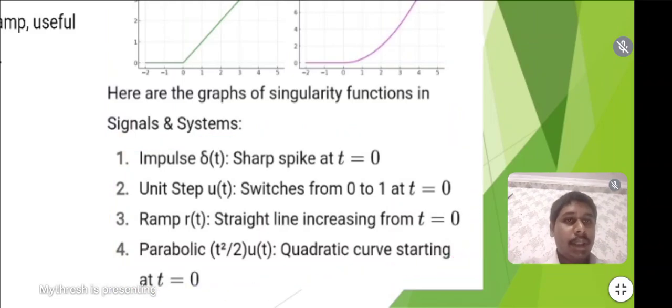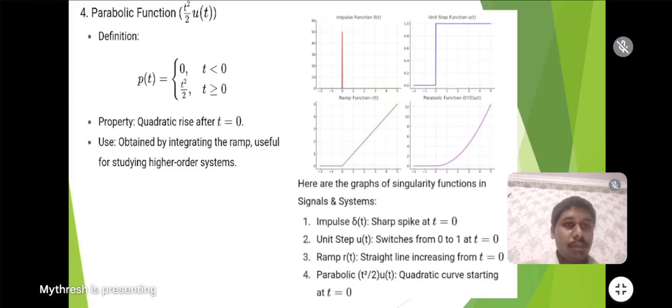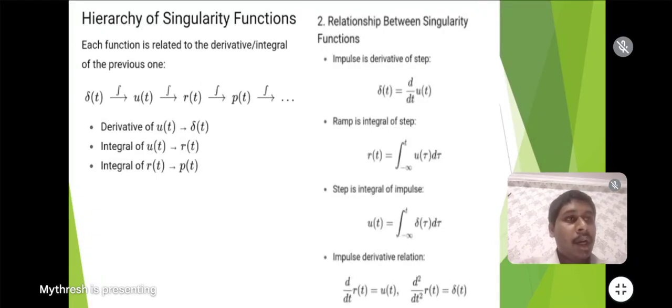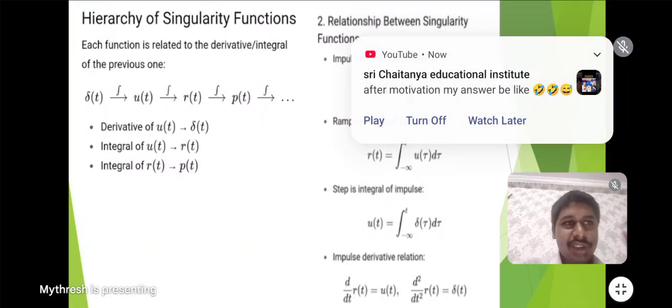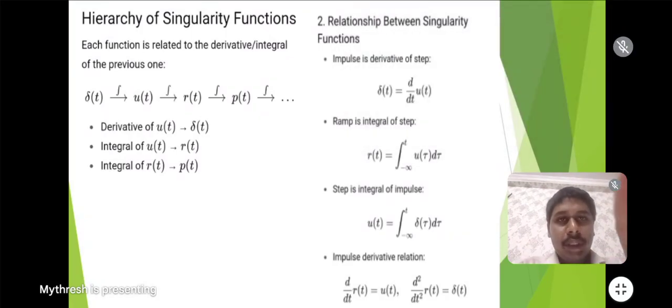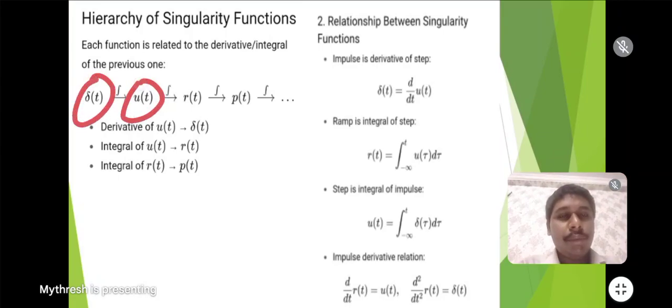So let us see the next one, that is the hierarchy of singularity functions. The hierarchy is given pretty simply. If we integrate the del function, we get the unit step function. If we integrate the unit step function, we get the ramp function, and if we integrate the ramp function, we get the parabolic function, and vice versa.